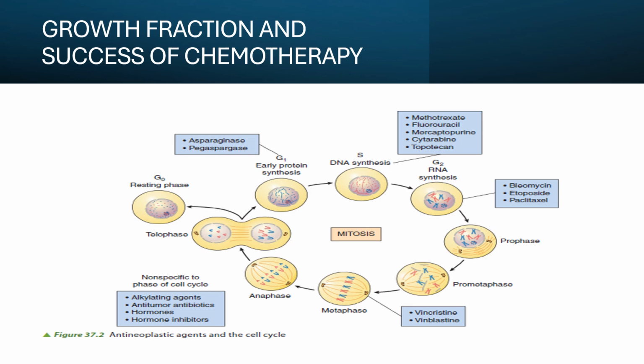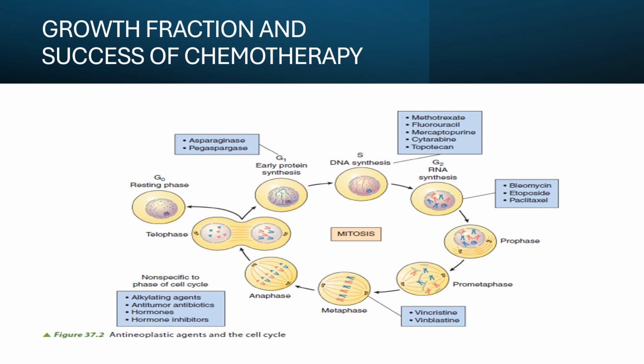The effects of the alkylating agents such as cyclophosphamide are generally independent of the phases of the cell cycle. Some of these drugs are shown here in this figure.